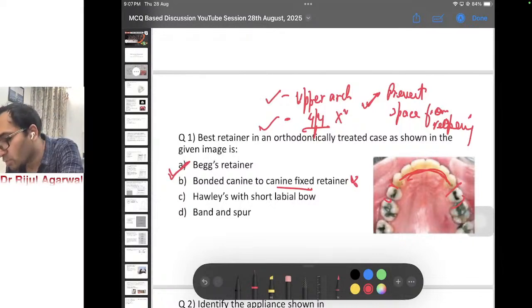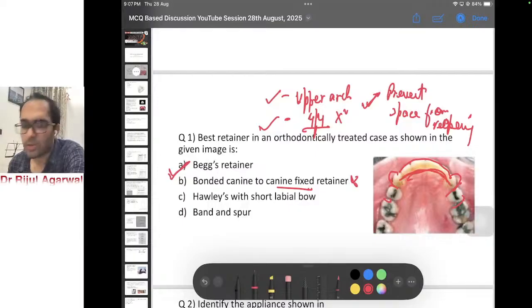Option C, Hawley's with short labial bow. Short labial bow is from canine to canine. Yes, Anna, you're right, to prevent extraction space reopening. So again, it cannot prevent the space from reopening because the labial bow will cross from here, and the crossover will lead to opening up of the space.